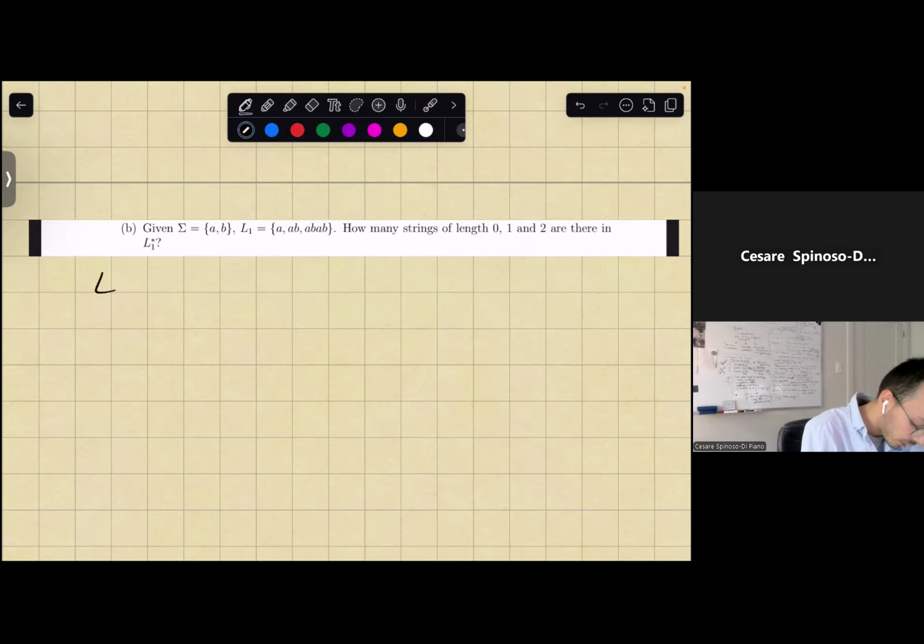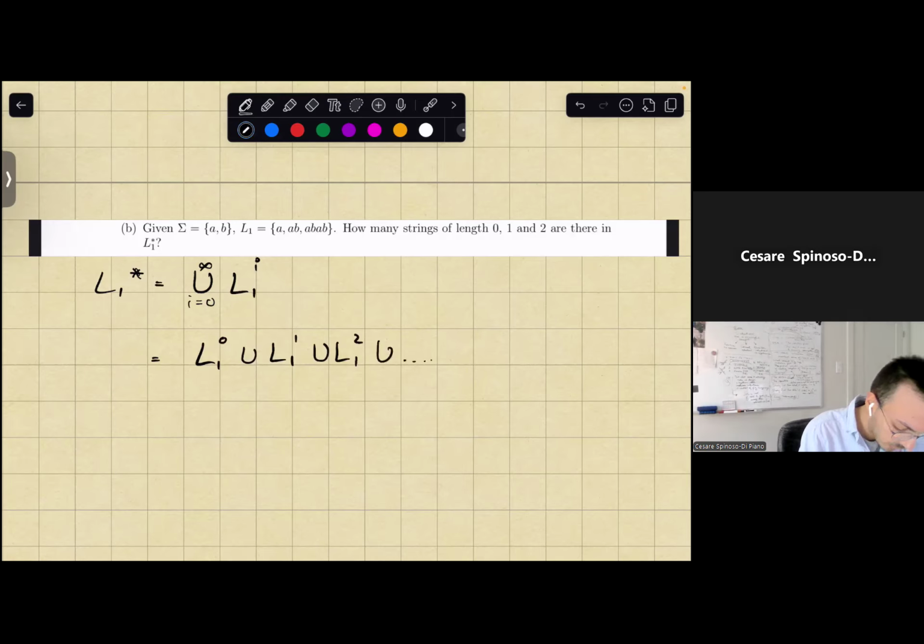L1 star is the infinite union, starting from 0, of language exponents of L1. So L1 power i for every i starting from 0, and then unioning all those things. What this would give me is L1 power 0 union L1 power 1 union L1 power 2 and so on.